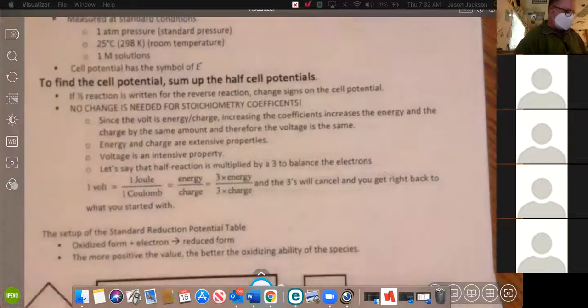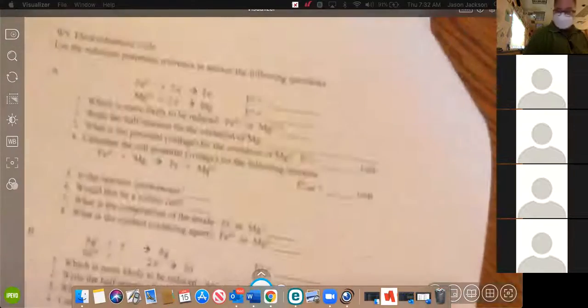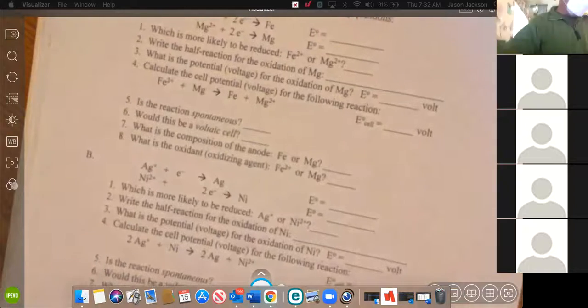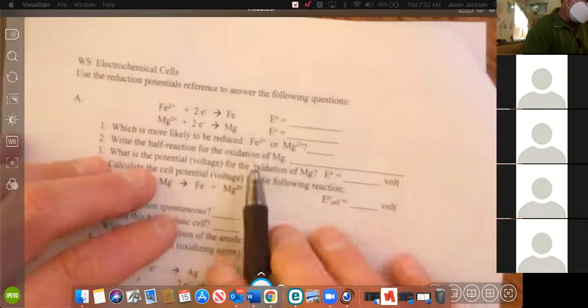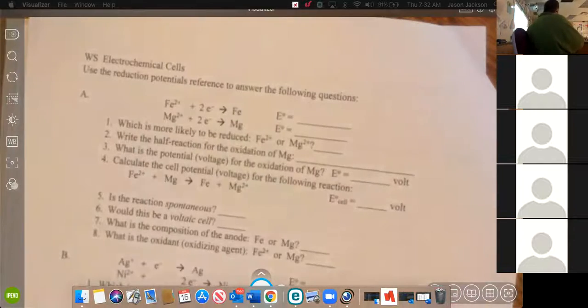Let's take a look. I think the easiest way to do it is to take a look at this sheet right here. So here we have our standard cell potentials, and we actually have to look this up. My original plan was to have this on the back of it.